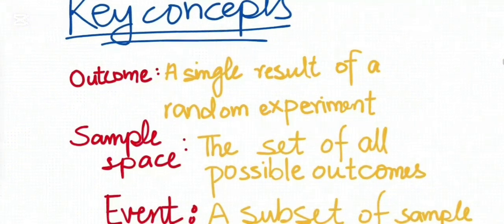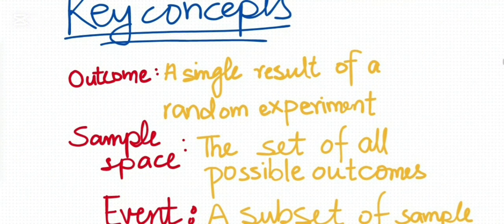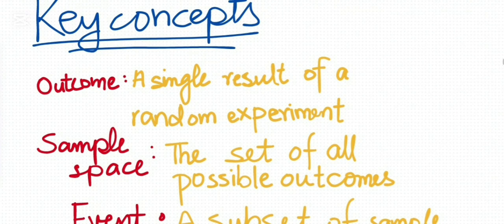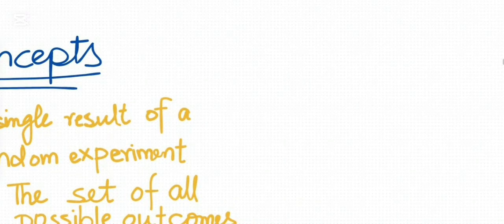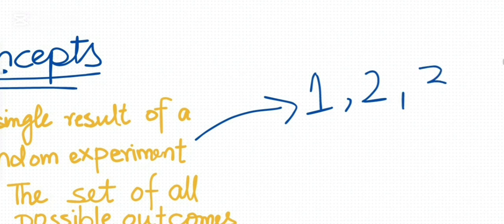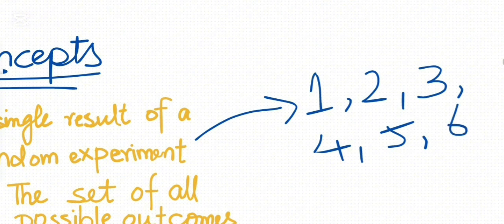What is an outcome? An outcome is a single result of a random experiment. For example, if you roll a dice, the outcome could be 1, 2, 3, 4, 5, 6. So this is an outcome.